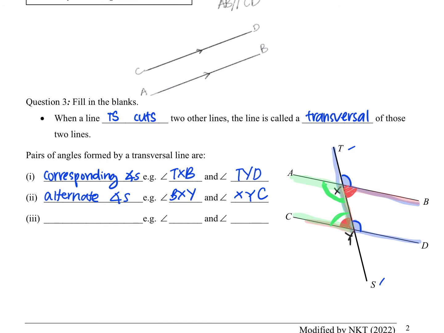They are called interior angles. Now, knowing these types of angles, let's move on to explore their different properties.